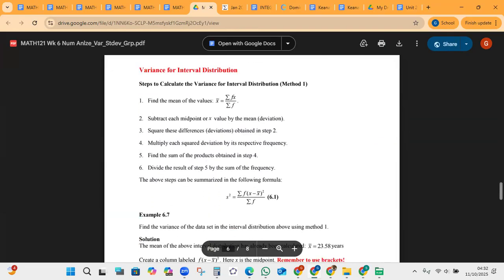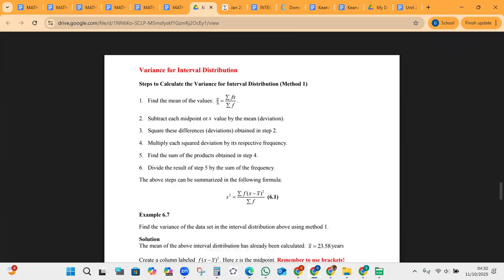To calculate the variance for an interval distribution, as the steps say, you first have to find the sample mean, which of course we did already. There are 2 methods, method 1 and method 2, to calculate the sample variance. We are going to give an example of method number 1.